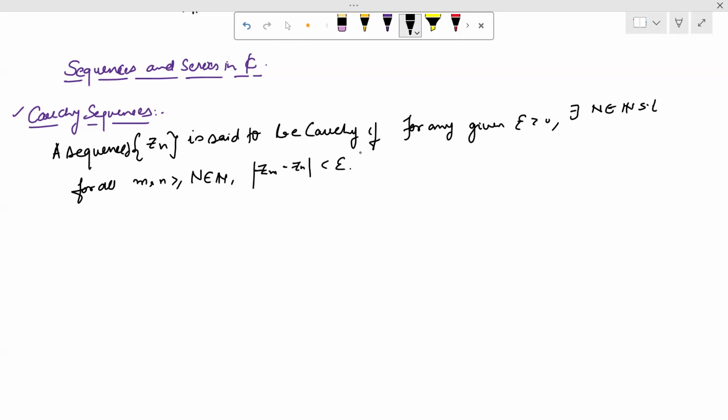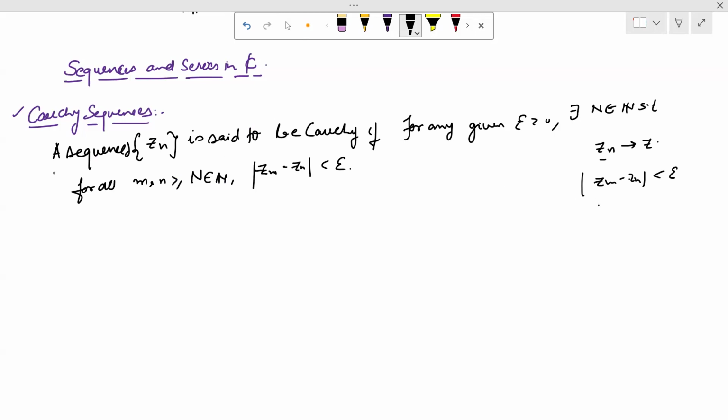So a Cauchy sequence is a sequence where, see, what does it mean? It means that if I say that the sequence is convergent, let's say to Z, then there would be some natural number after which the elements of the sequence will also start becoming closer and closer.